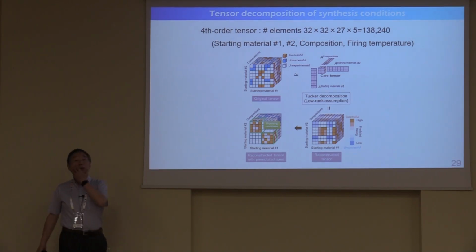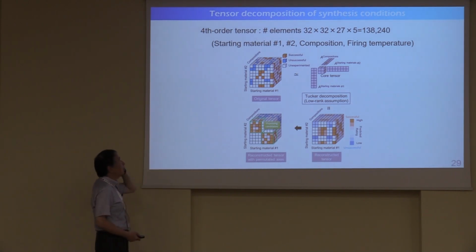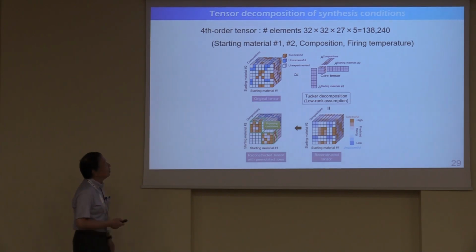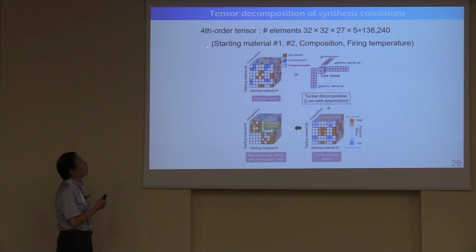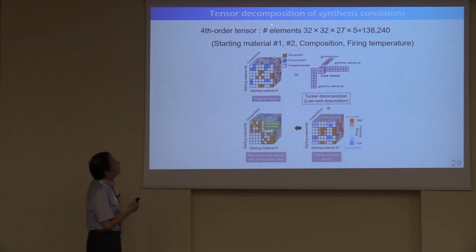So we put all these data into the tensor. This is the tensor, and for simplicity, but actually we made a fourth-order tensor composed of the number of elements: starting material number 1, starting material number 2, composition, and firing temperature.